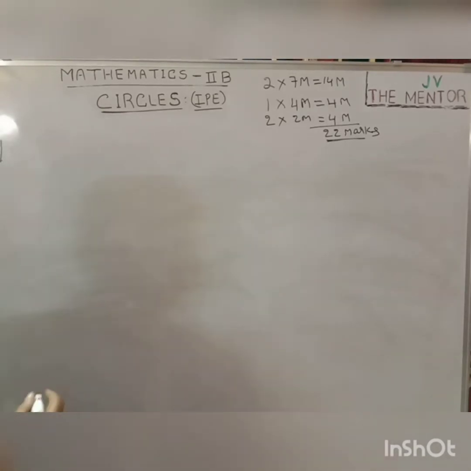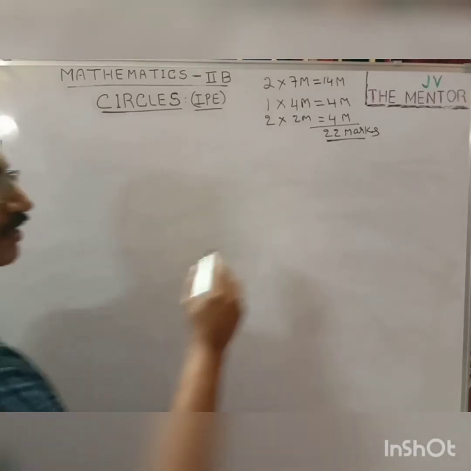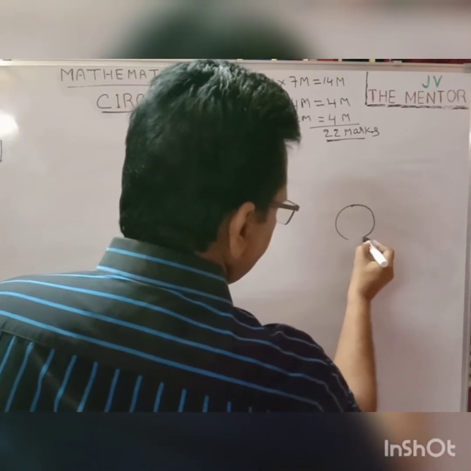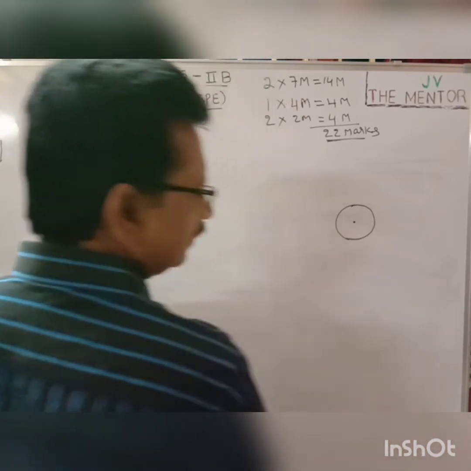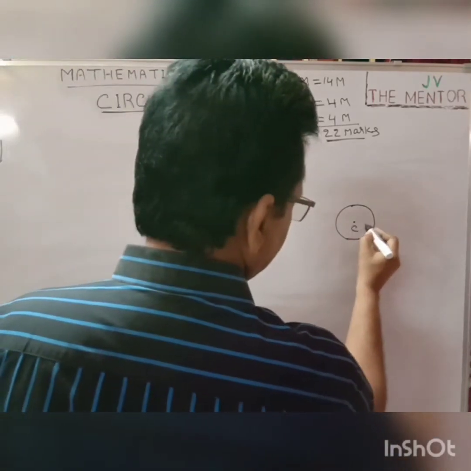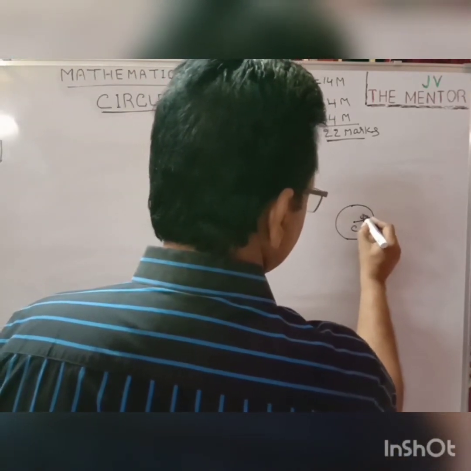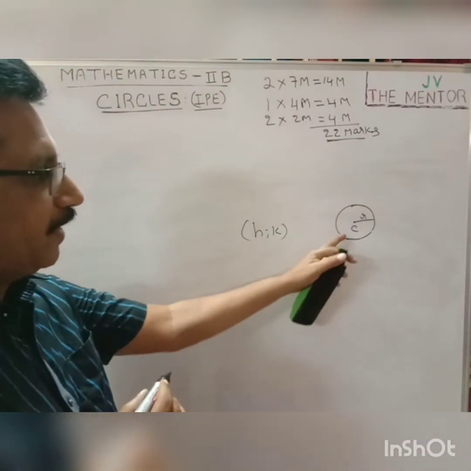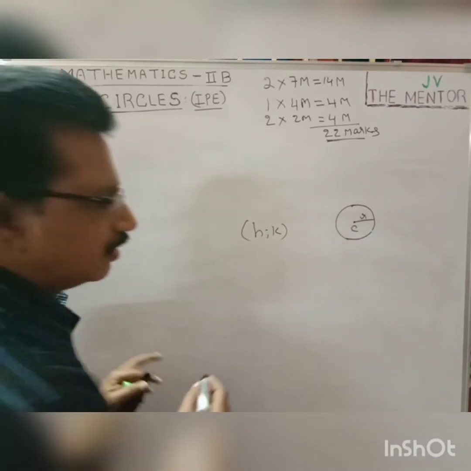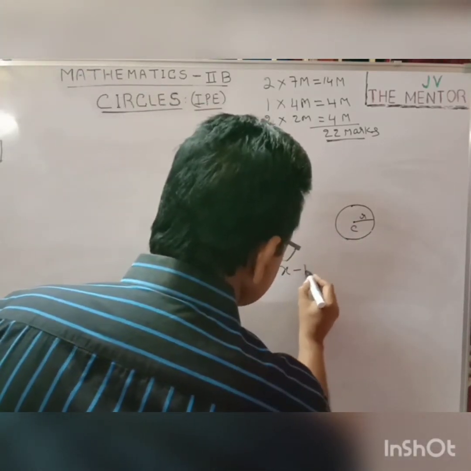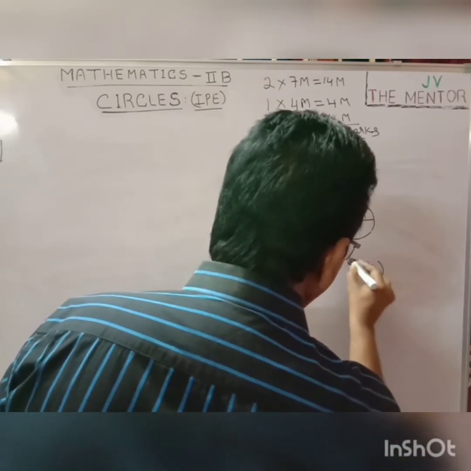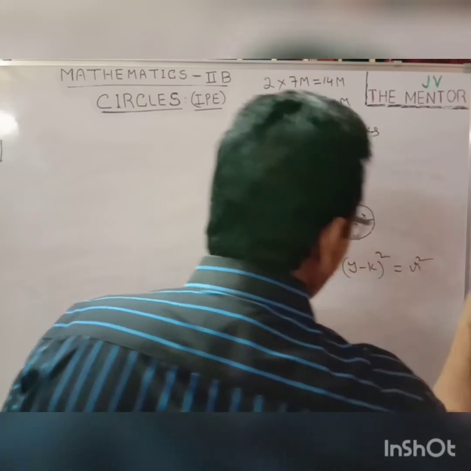Now the third point is the equation of the circle. The equation of the circle with the center h comma k and radius r is x minus h whole square plus y minus k whole square equal to r square.